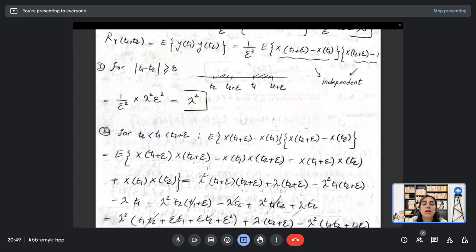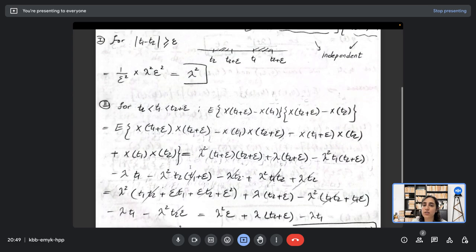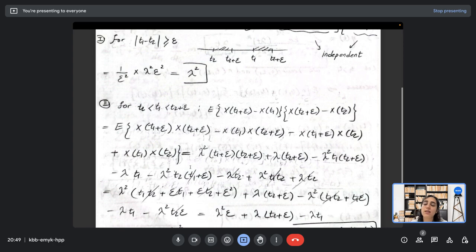But we can think of a situation when these two parts have some overlaps. For the first scenario, we think that t1 and t2 have overlap, but t2 is smaller than t1, and t1 is smaller than t2 plus epsilon.